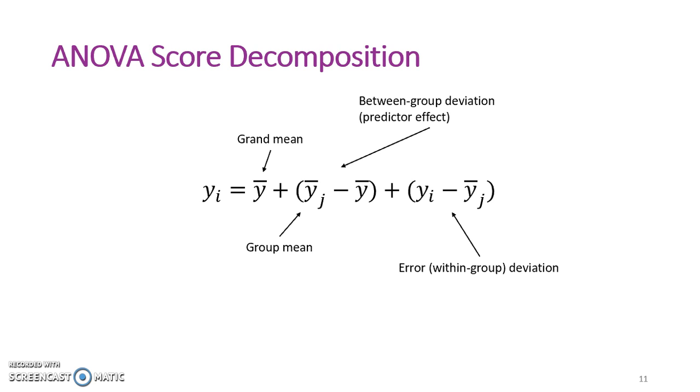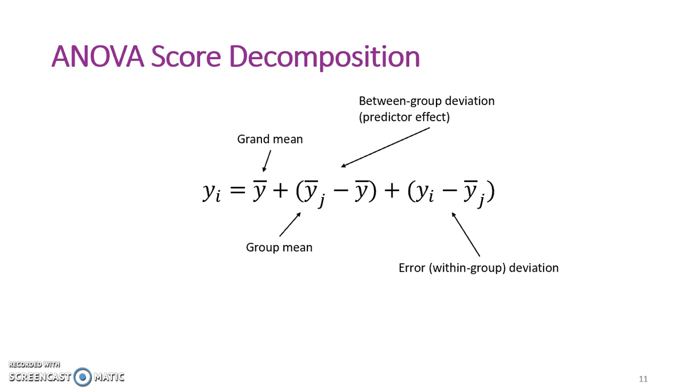Along these lines, let's take a look at this general score decomposition and how we break out a single observed score in terms of variability and the means. The way we read this equation is to start at the left and move to the right. On the left, we have y sub i, which is any observed score on y.